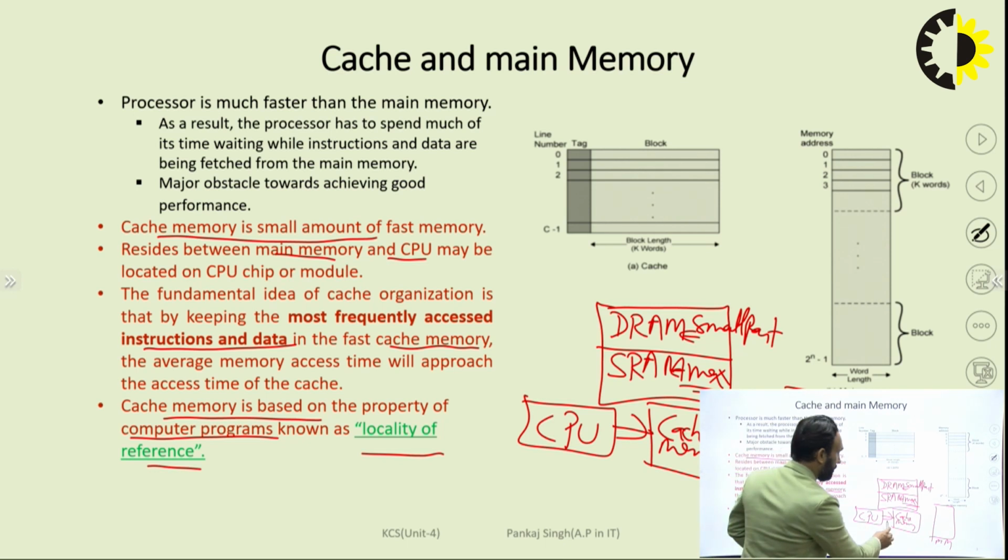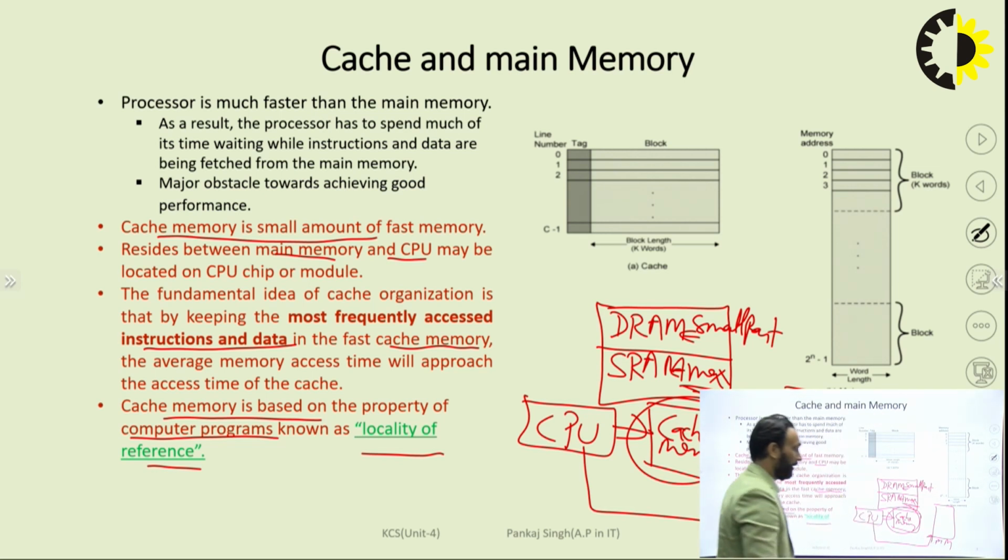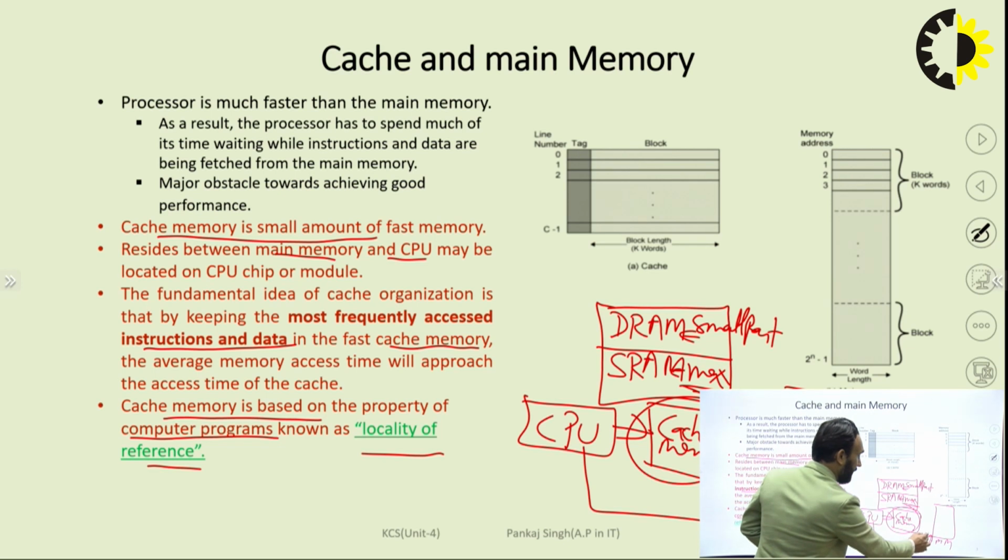If this instruction is not located in the cache memory, then it will go to the main memory. So we use a specific term here. If the content requested or searched by the CPU is found in the cache memory, that is known as a hit. If that content is not in the cache memory and is found in the main memory, that is known as a miss.